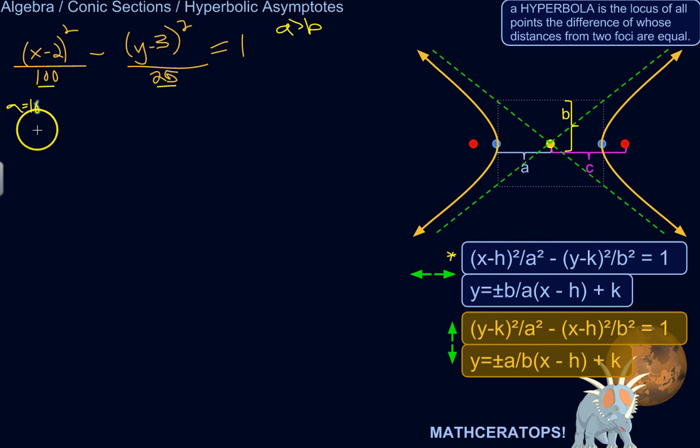And if b squared is 25, then b itself is 5. Okay, x minus h we've already got here, so this part of it is x minus 2. And k is 3, so the equation says (y minus 3) squared. So 3 is k.